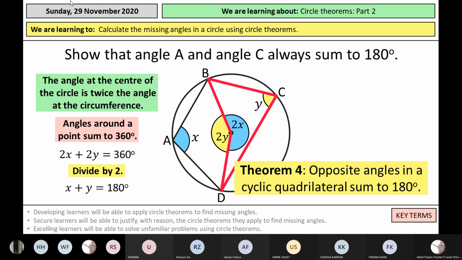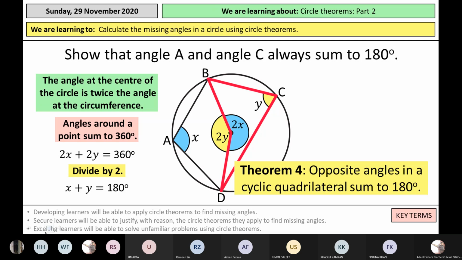Now I'm going to introduce the next property, that is cyclic quadrilateral. The angles of a cyclic quadrilateral sum up to 180 degrees. Yes or no? Yes, sir. So you need to remember the property that is cyclic quadrilateral. Now cyclic quadrilateral plays a very important role.